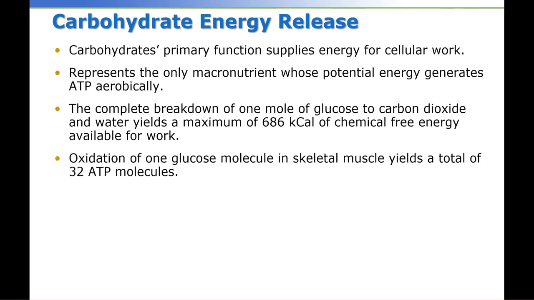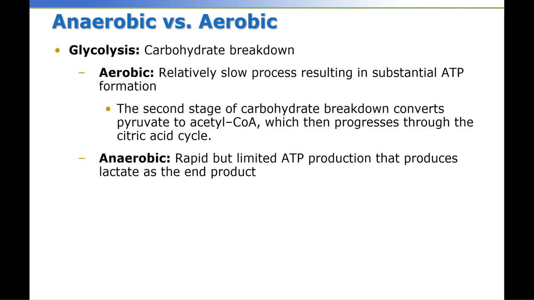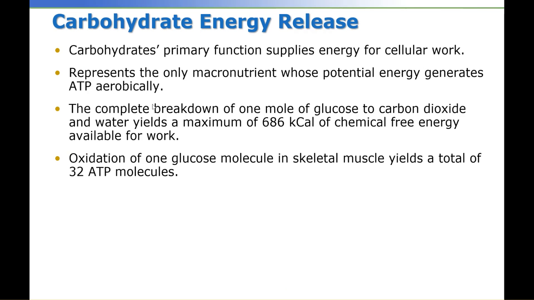Carbohydrate energy release. Carbs are the primary functional supply energy for cellular work. They represent the only macronutrient that generates ATP aerobically. The complete breakdown of 1 mole of glucose to carbon dioxide and water yields a max of 686 kilocalories of chemical free energy.